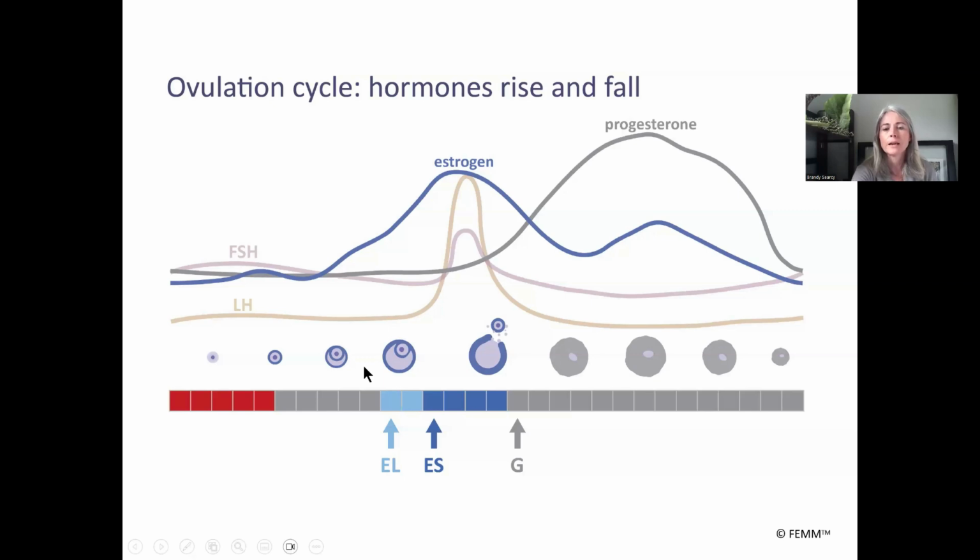But let's say if you were to have sex here, and then those sperm can live 7 days, that means day 1, 2, 3, 4, 5, 6, 7. So that covers your entire fertile window, right?